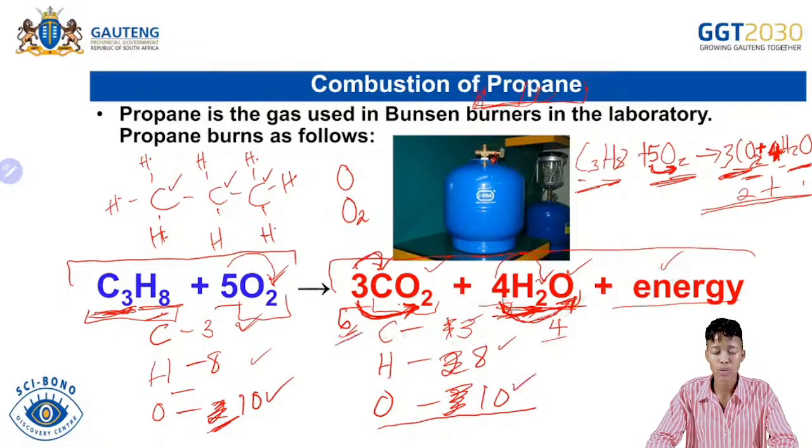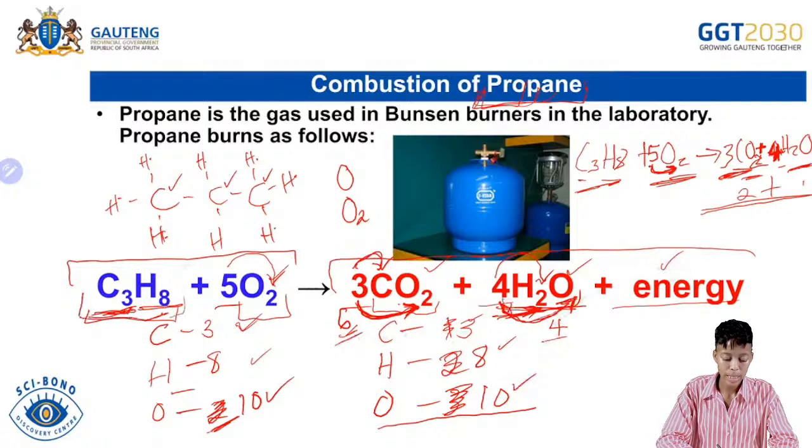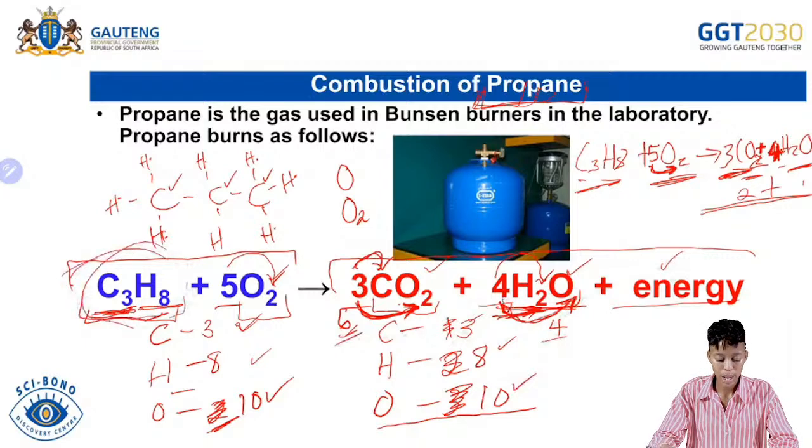A total of 10. So what you just need to remember for the combustion reaction, you need to write your reactants. And the only thing that will change in terms of your reactants will be what? Will be this compound here. It will either be your alkanes or your alkenes. But the O2, the CO2, and the H2O and the energy as well are going to remain the same.